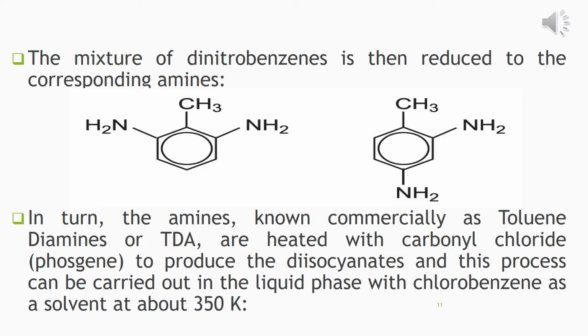The mixture of these nitro compounds is then reduced to the corresponding amines. Just by reduction, the NO2 group is converted into NH2. In turn, the amines, known commercially as toluene diamines, TDA, are heated with carbonyl chloride, phosgene. Carbonyl chloride, a carbonyl with two chlorides attached on both sides, is called phosgene.